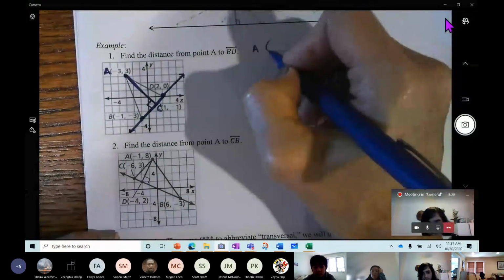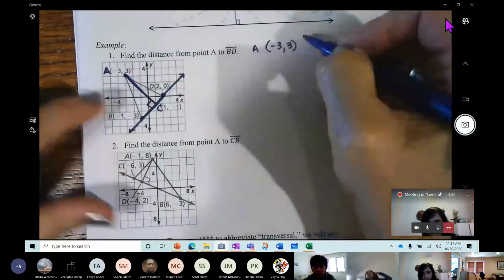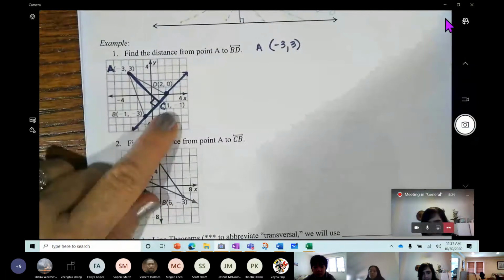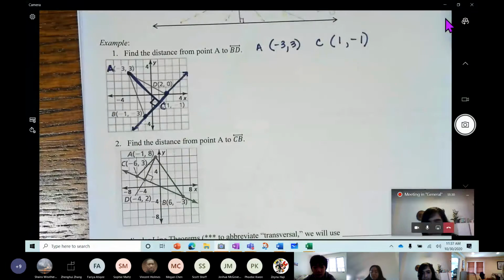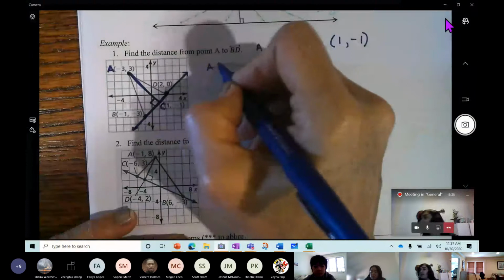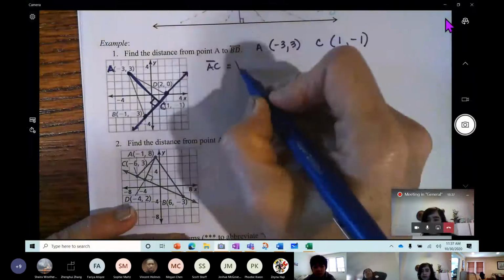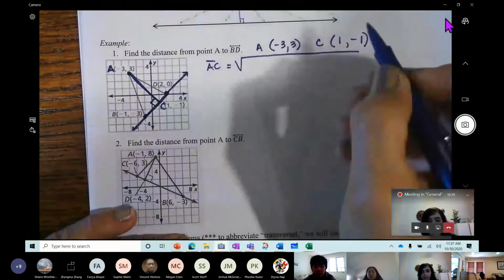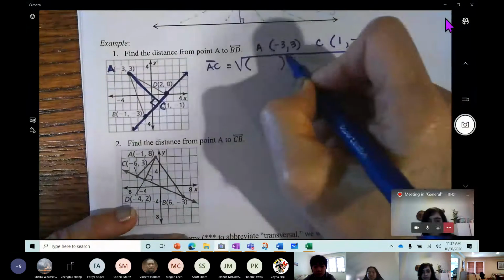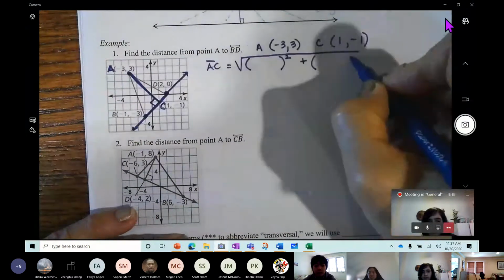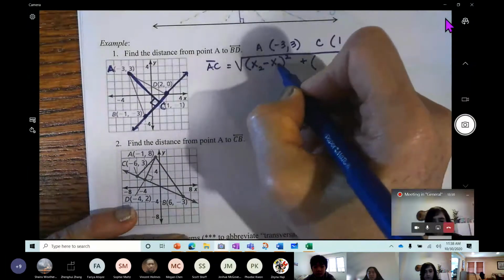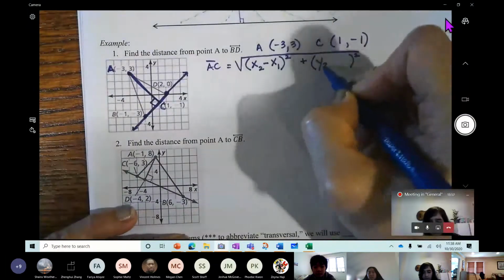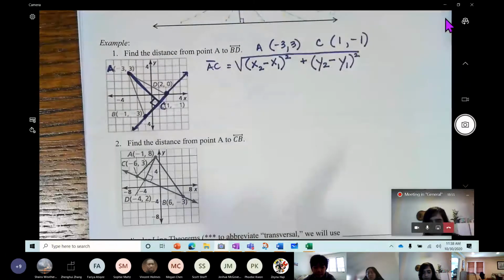Now I'm going to write A over here because it's hard for me to see on the grid. And then C is 1, -1. The way we used to do the distance formula is we would write that AC is equal to the difference of the x's squared plus the distance of the y's squared.